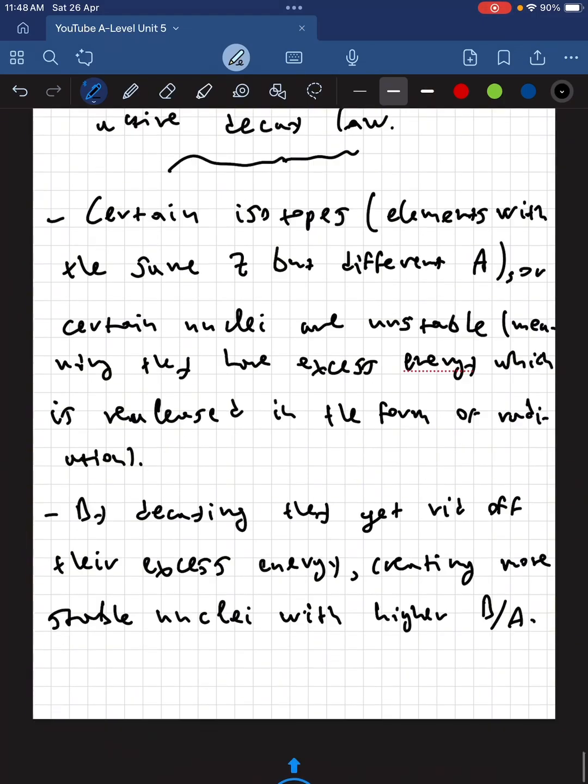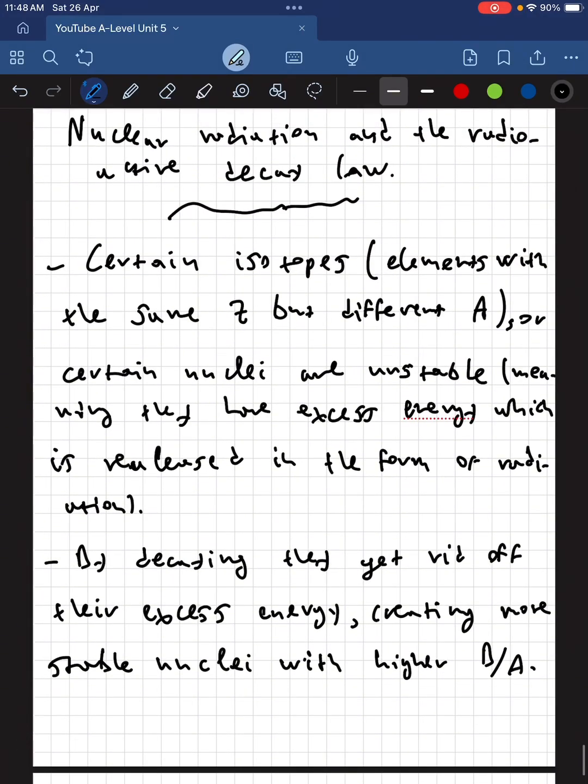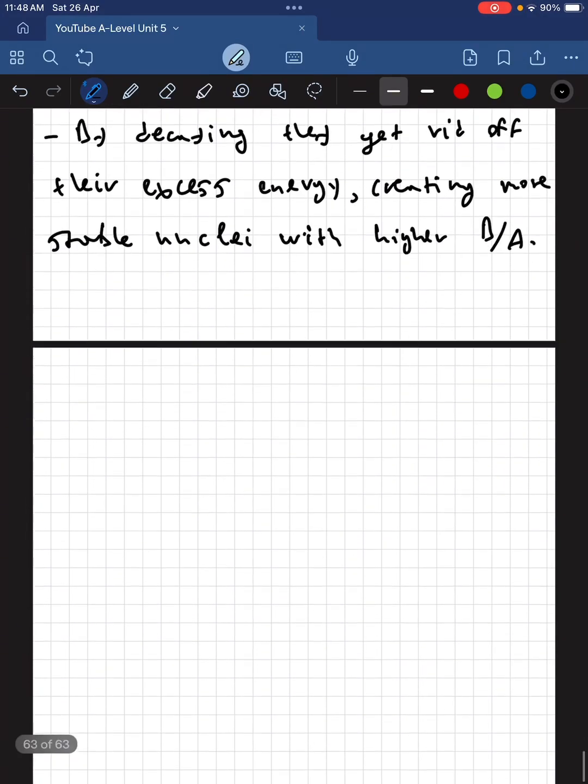Okay, so let's go see some examples. Is there anything else I want to mention here? I think not. So let's see some examples.